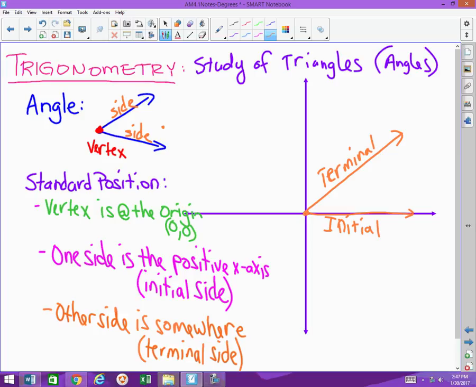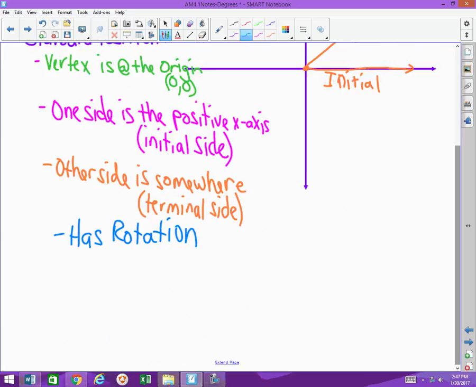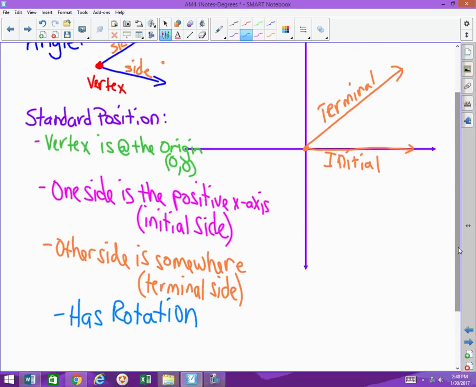Now, the other thing about an angle in standard form is it has rotation to it. So when you look at an angle, you can't just assume that the angle is this opening from here to there, because an angle can have rotation to it.